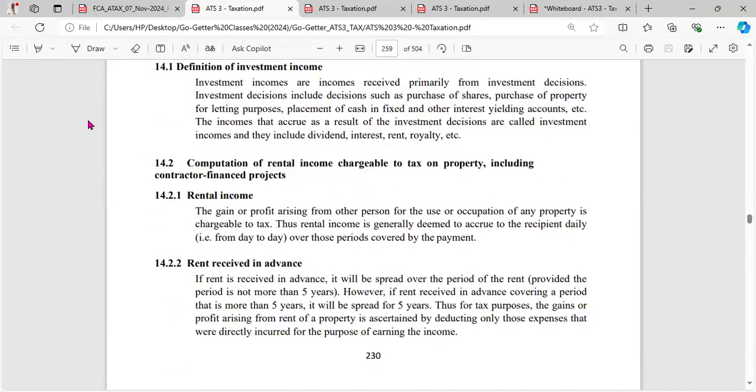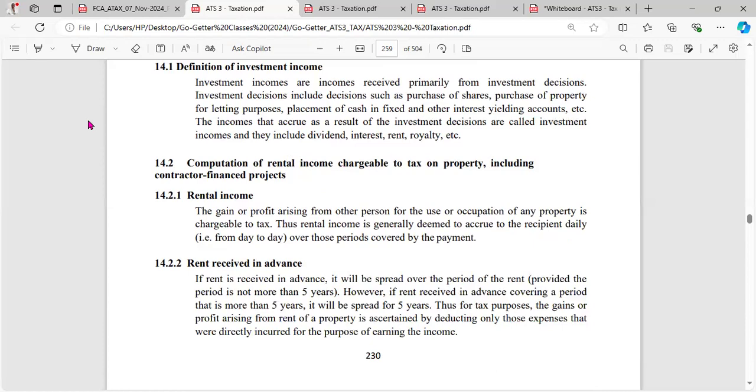Investment incomes are incomes received primarily from investment decisions. This is opposed to business income or employment income. Employment income is income you receive from being employed by someone.